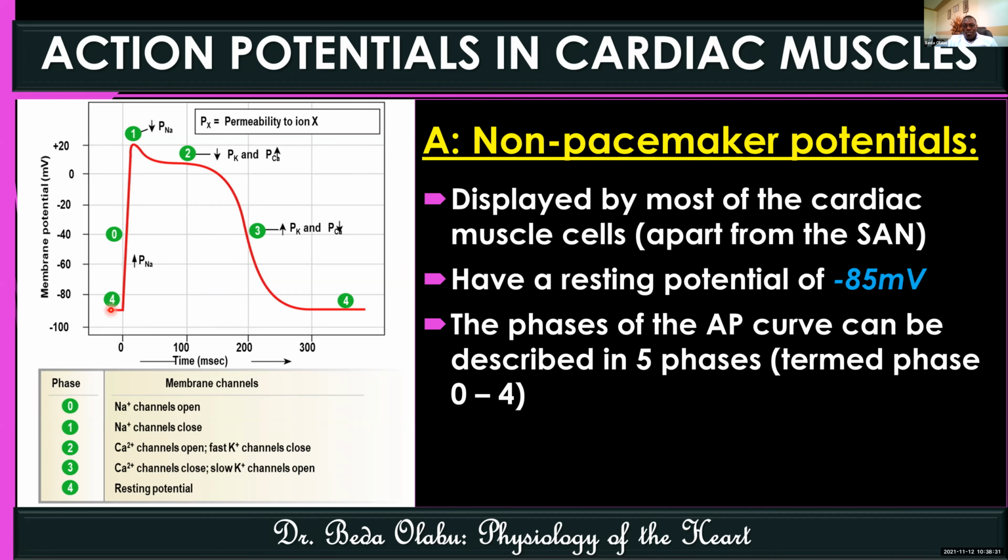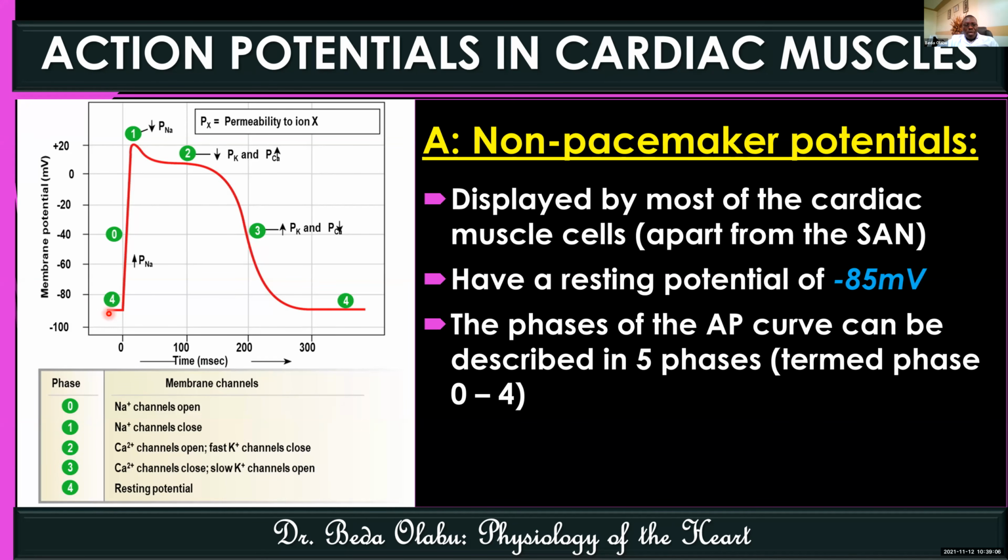2, the effect of chloride influx. 3, the effect of the sodium-potassium pump that pumps 3 sodium out for every 2 potassium in, therefore contributing to membrane polarity. The 4th factor was that we have more anions within the cell than outside.